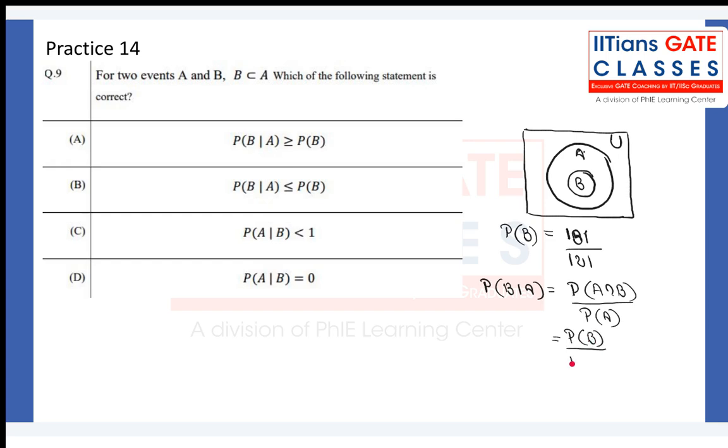So the first inequality says the probability of B given A is greater than or equal to probability of A. This is true. What do you think?